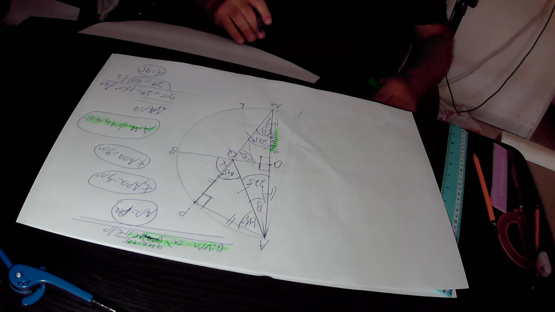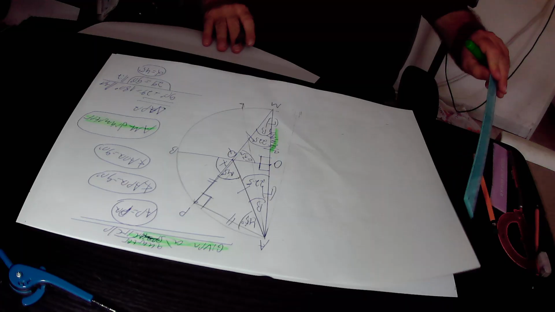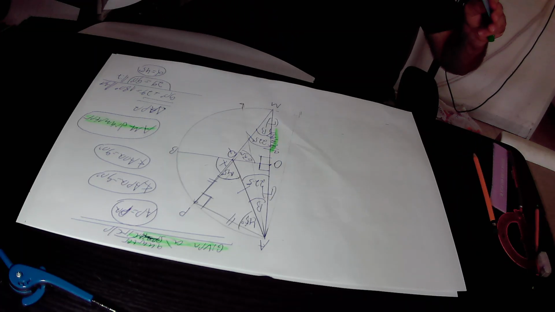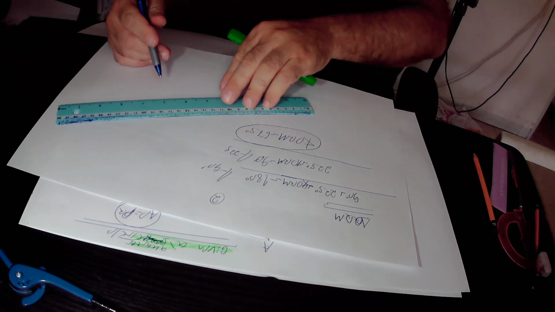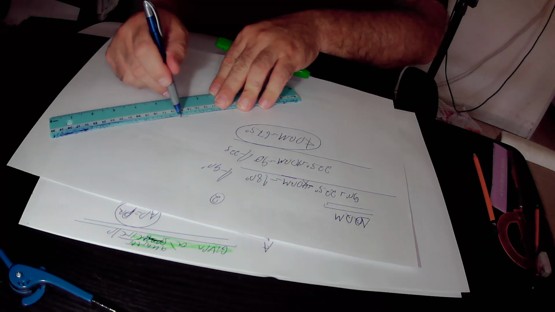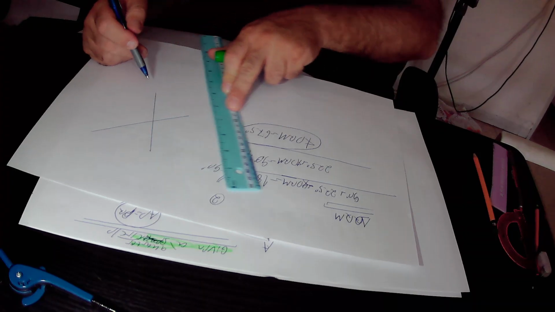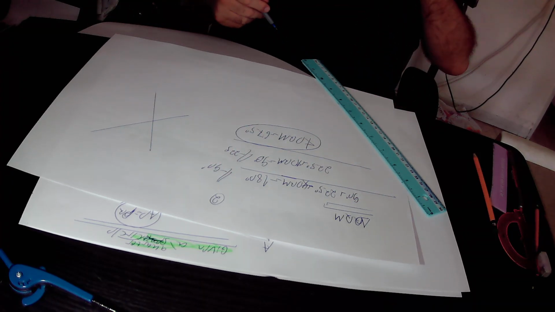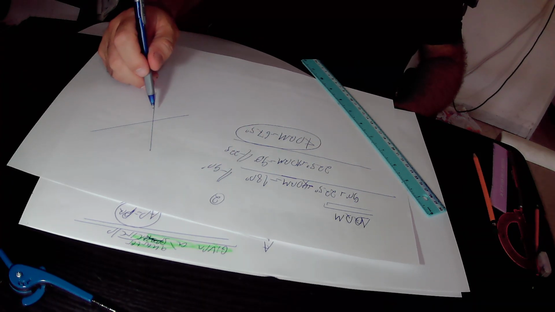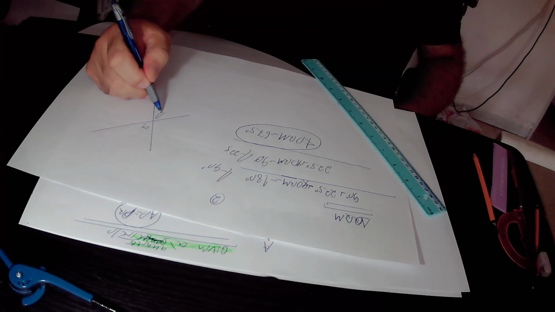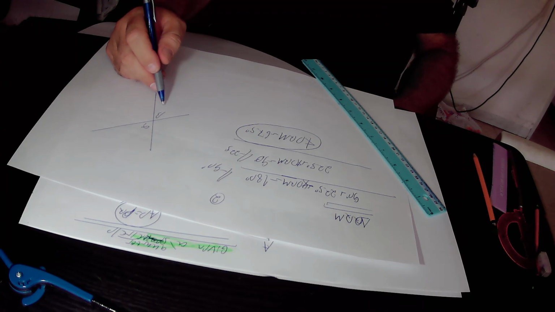We have the rule that vertex angles are equal to each other. Those two angles, alpha and beta, are defined as vertex angles, and vertex angles are equal to each other, so angle alpha equals angle beta.